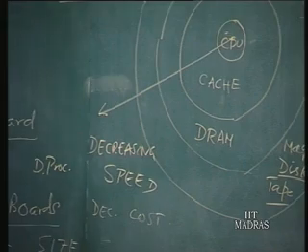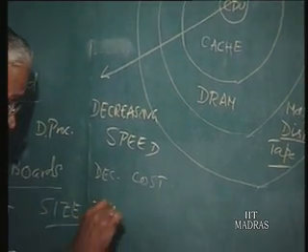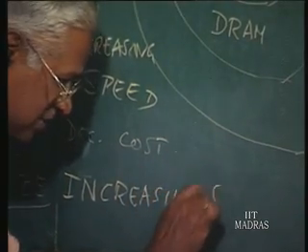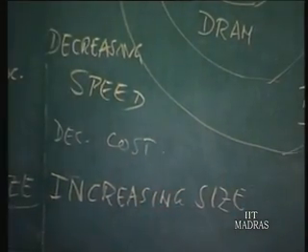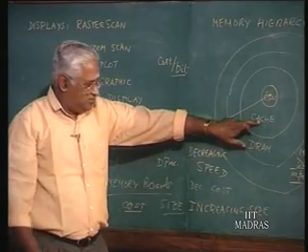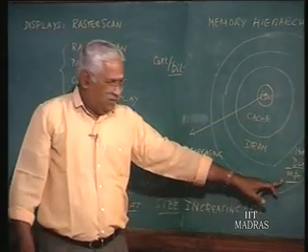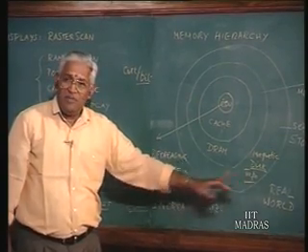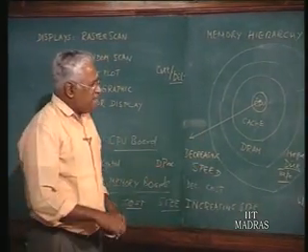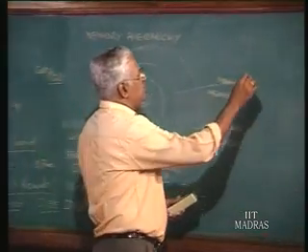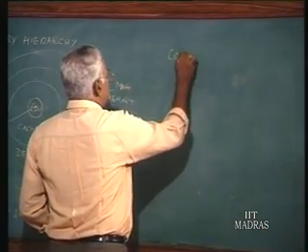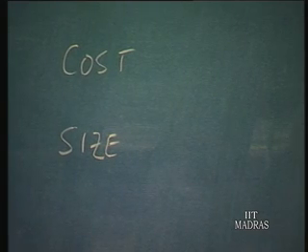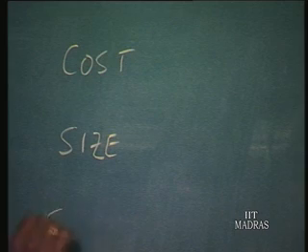And because of decreasing cost, what you have is increasing size. So, you would find that the size of the costliest cache will be less and the size of the cheapest, or inexpensive, this particular storage will be more. So, we can think in terms of this, that is the cost part of it, the size part of it. Cost I will not discuss because it will keep varying, and then the speed part of it. Okay.